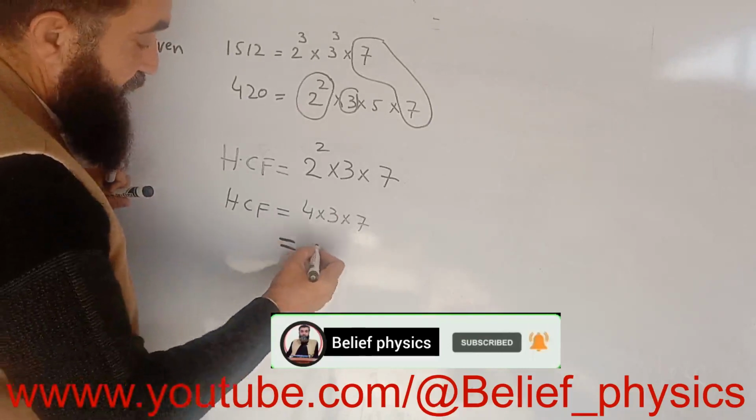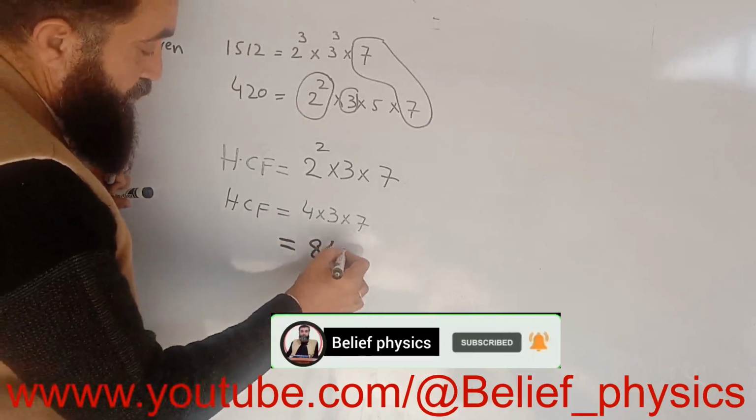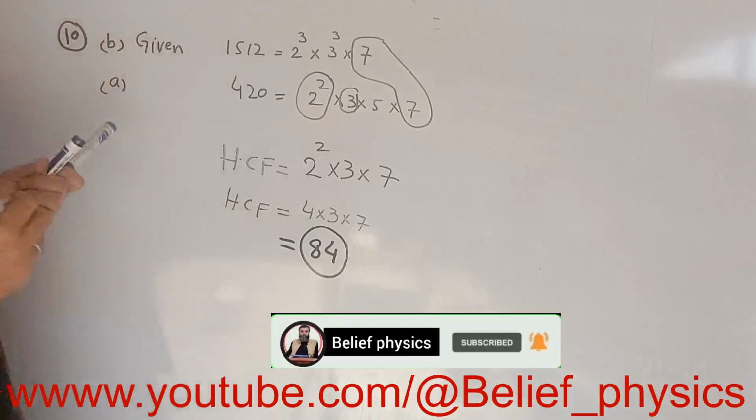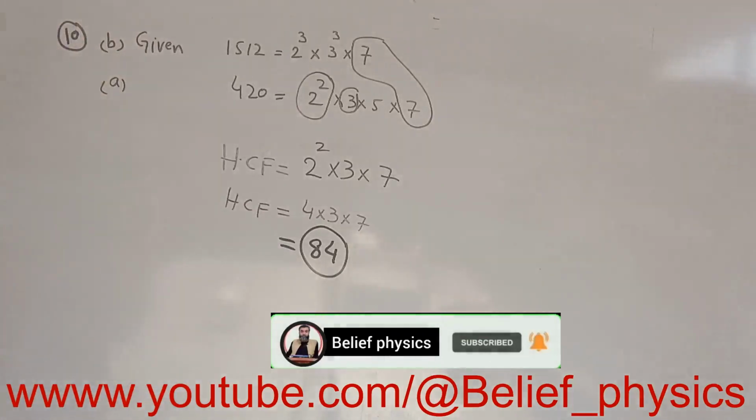So HCF comes out to be 84. So 84 is the HCF of 1512 and 420. That's it.